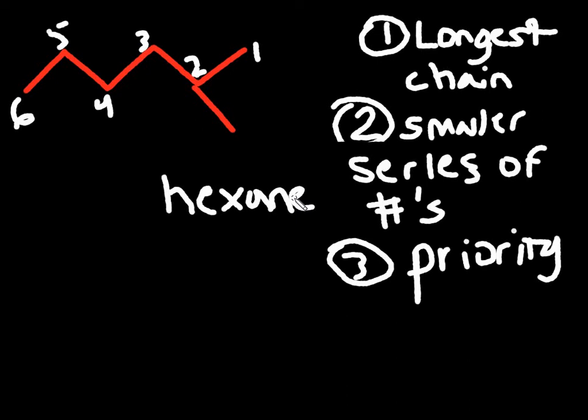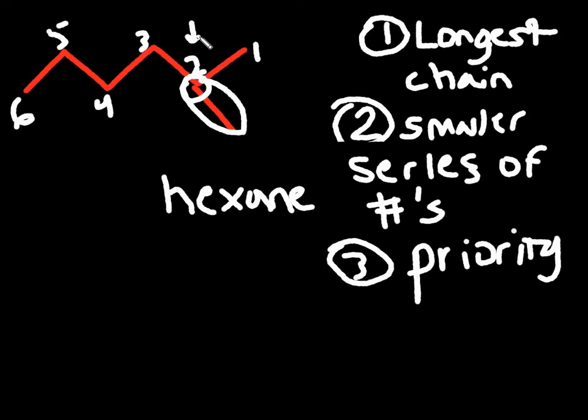We have a hexane. Okay, now on number 2, what do we have? We have this methyl on the second carbon. This is called the second carbon here. We have 1, 2, and on the second carbon we have your substituent. What is one of the substituents we went over? Methyl.